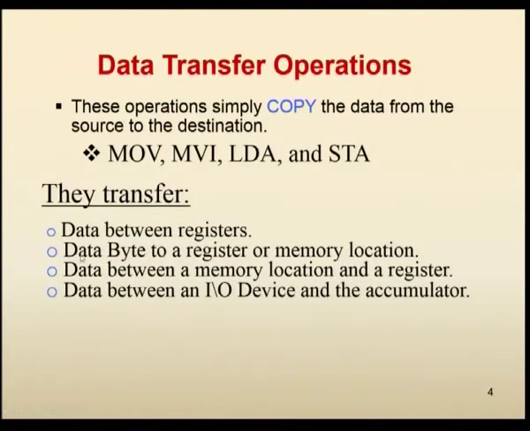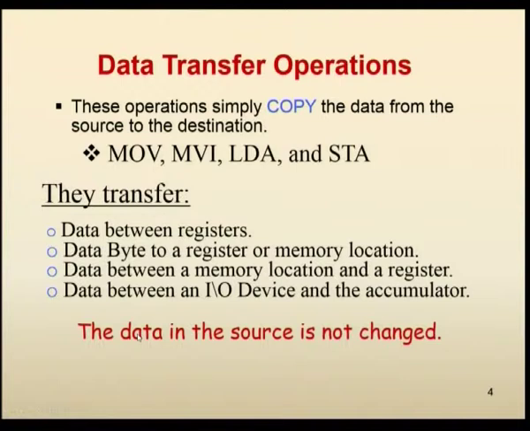Then the data can be transferred between register and memory location. 8085 can address 64K memory locations. From any memory location to any register, or from any register to any memory location, it can be transferred. The data also can be transferred from an input output device to the accumulator, and from the accumulator to the input output device.